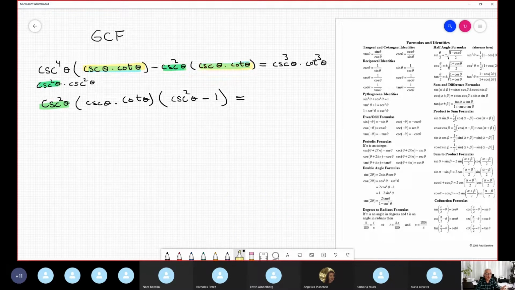I factor out again. Look, I factor out green and yellow outside. Who stays? This cosecant, get this. And here nothing, and nothing is one. More clear now? Yes, Professor, thank you.